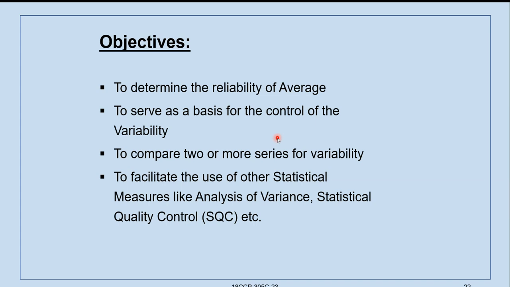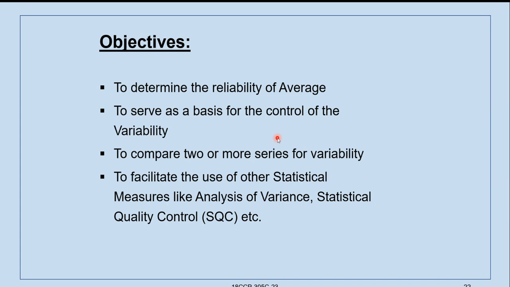Next, to compare two or more series for variability. Here, comparison of two different series comes into the picture. In mean, median, mode, we have not compared anything. We just go on calculating the mean, median, mode for the given series. Here it comes for comparison. That is why it is called relative measures of dispersion.